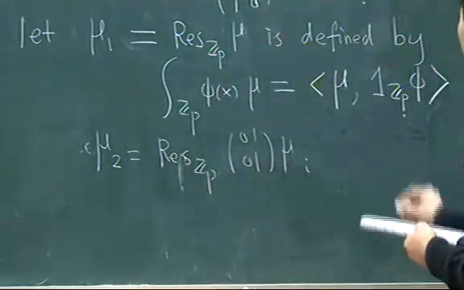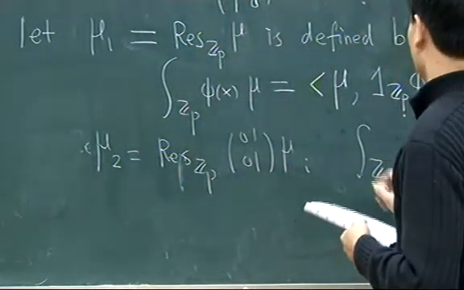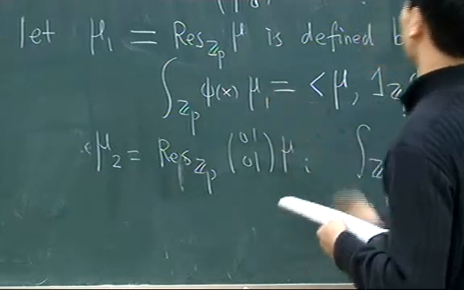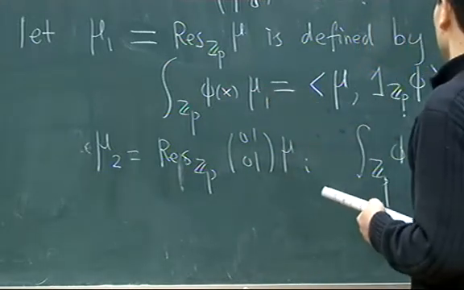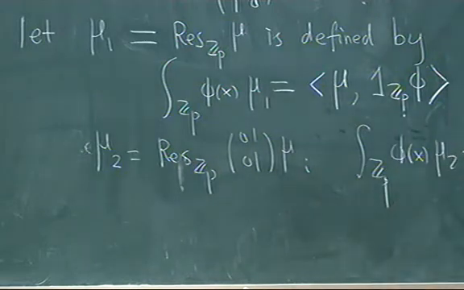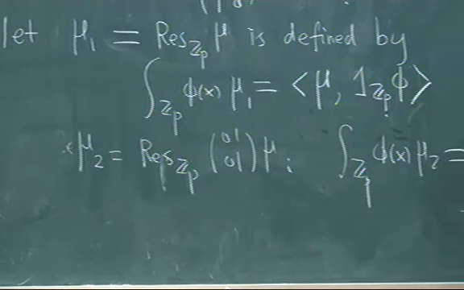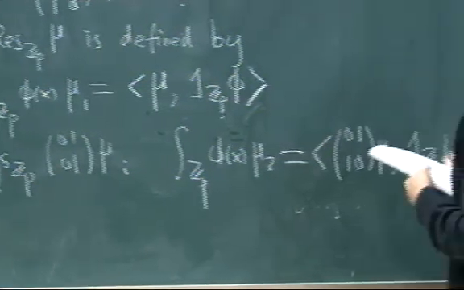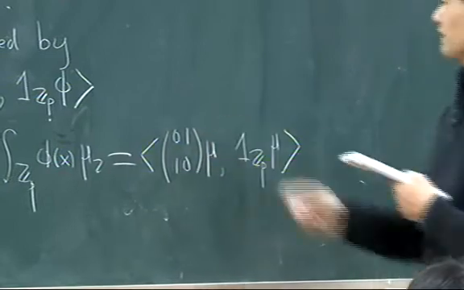So this is mu1, phi x mu2. I just define as you have 0, 1, 1, 0 mu, because you have this action, V_p mu. You just define by this.